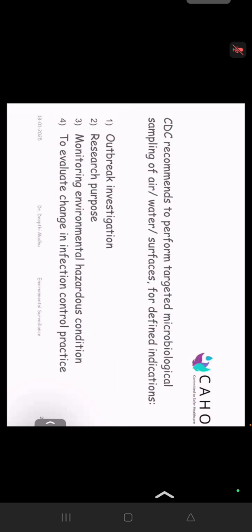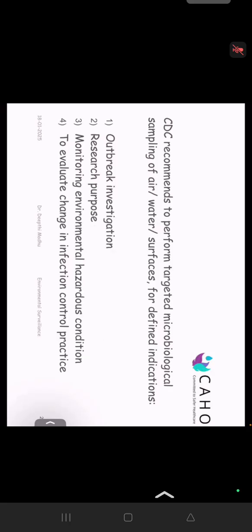Otherwise, in a routine ward or in an area where people are moving in and out very frequently, if you keep an air settle plate or an air sampling methodology, you won't be able to interpret it, because that is equal to keeping a plate in an office area also. You can't say that an office area should have sterile air or should not have much microbial burden. That is not possible. It cannot be achieved also. So you should have a clear idea of which parts of the hospital you want to have with minimum or controlled microbial burden.